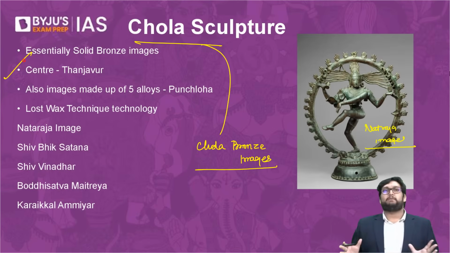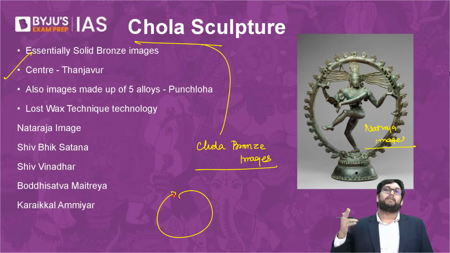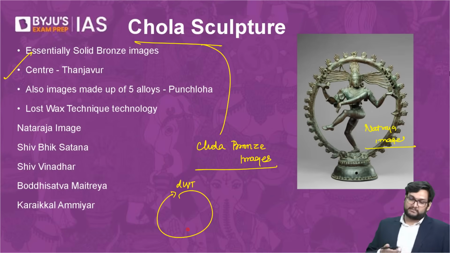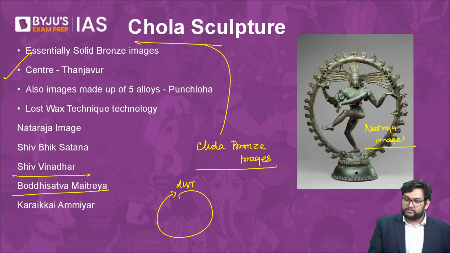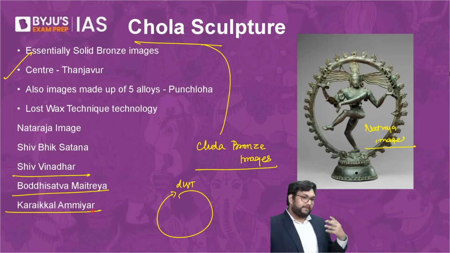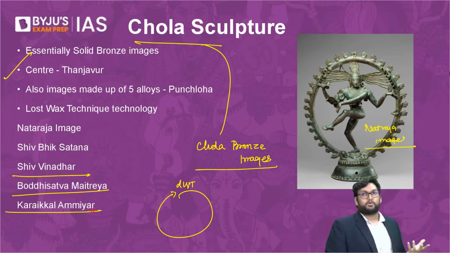We have multiple images which were produced through the lost wax technique of the Cholas. In a way, we have come full circle, as it happened in paintings. We started in murals, we ended up in murals. We started with the lost wax technique, and we are back at the lost wax technique. And therefore, Nataraja, Shiva Bhikshatana, Shiva Virabhadra, the Bodhisattva, and the Alvars and Nayanars were very beautifully represented under Chola sculpture.